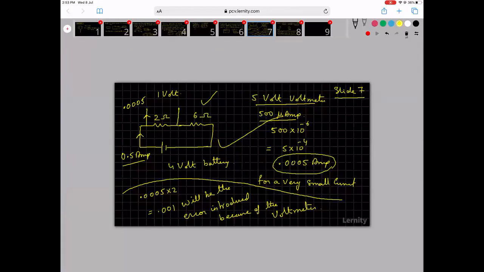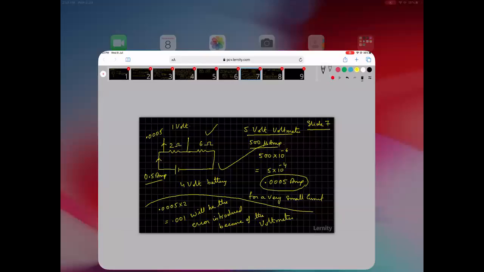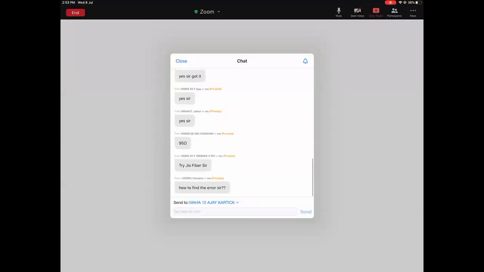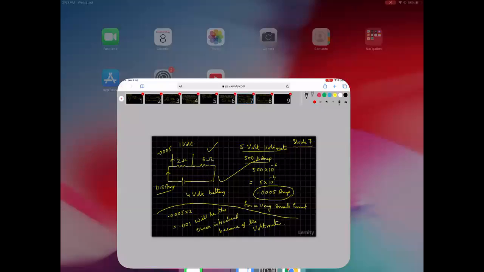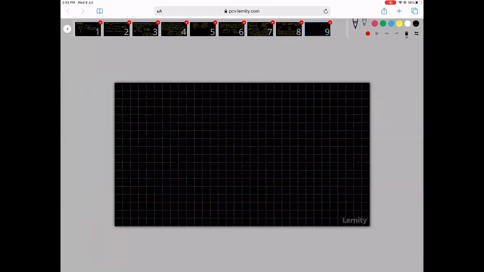So do you understand this concept of error coming in when an instrument is added to it? How to find the error? Yes. Suppose a voltmeter is added.